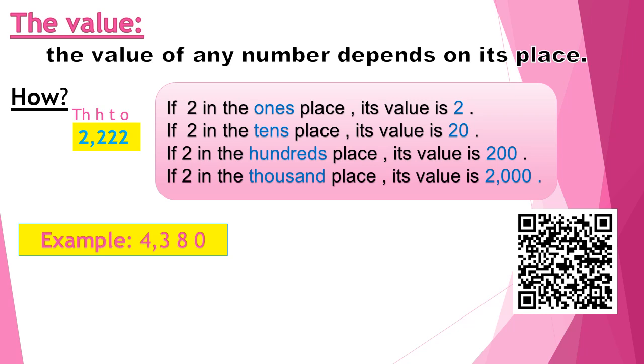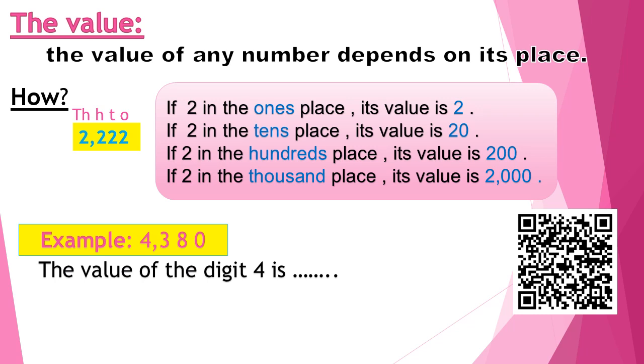Another example here, the value of digit 4 in this number. Let's read this number. We have a comma here after 3 digits. So this 4 is in the thousand family, I will say 4,380. He wants to know the value of digit 4.